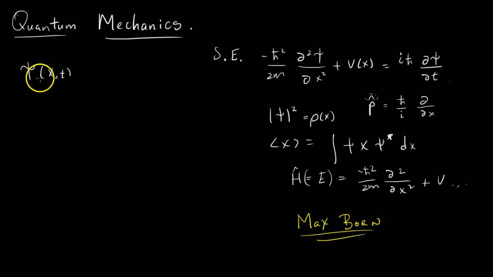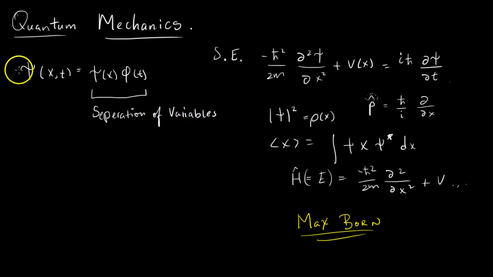And then we said that the wave function of x and t could be broken up into a function of x, psi of x, and phi of t. This method is called separation of variables. Technically this should be a capital psi, but I'm lazy with my notation, so I'll forget to write it a lot.